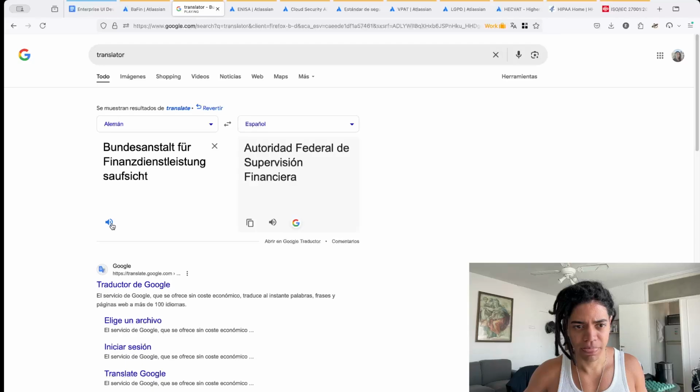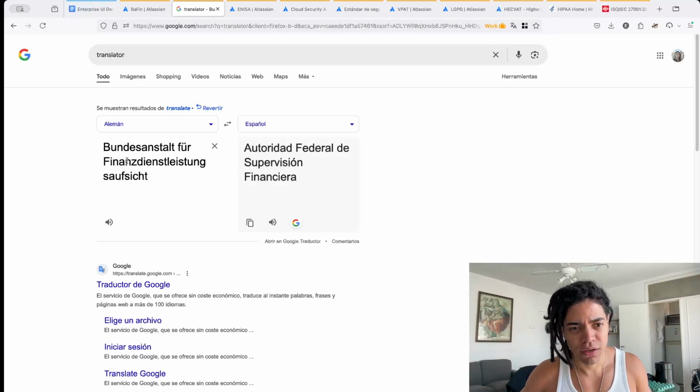Bundesanstalt für Finanzdienstleistungsaufsicht. Bundesanstalt. There must be some sort of authority or something that you can stand off that.